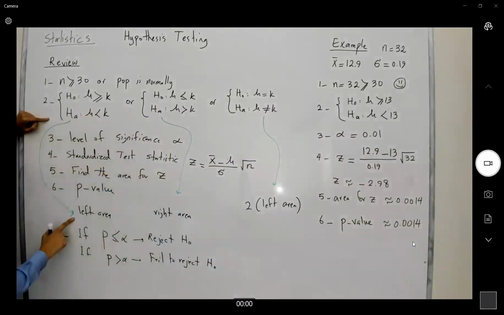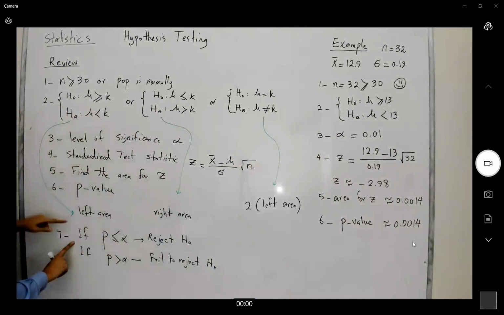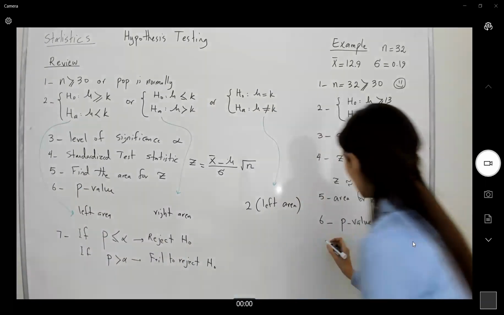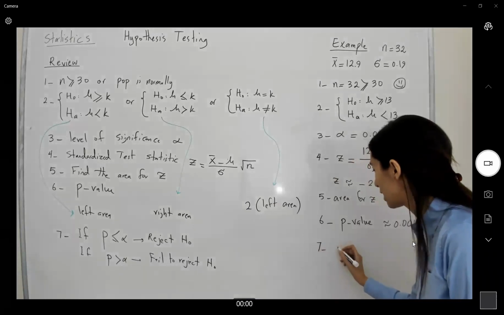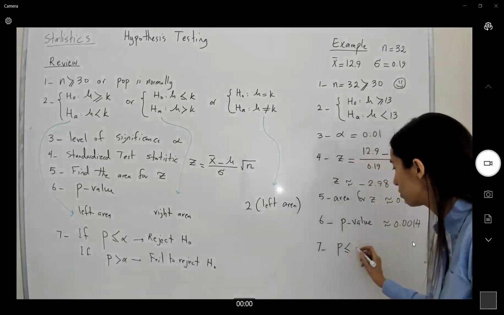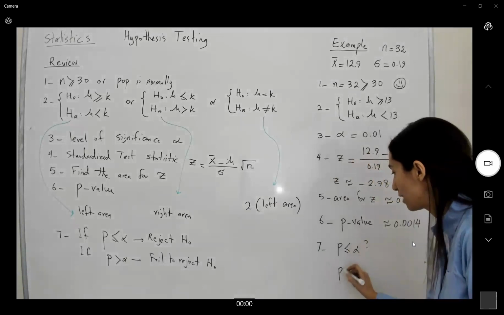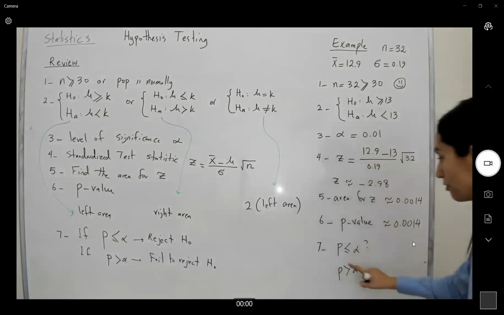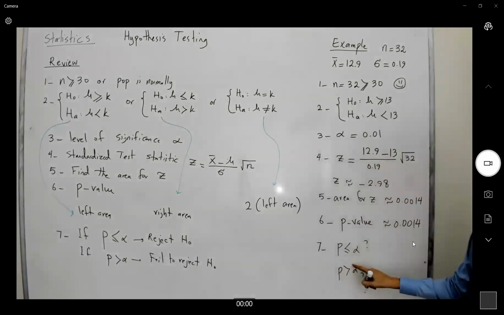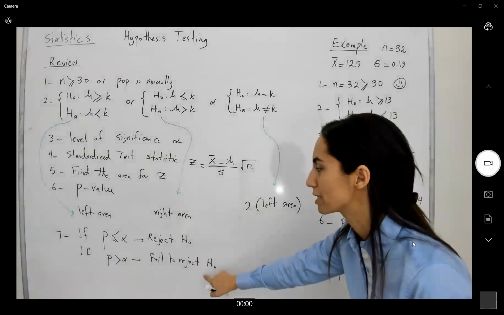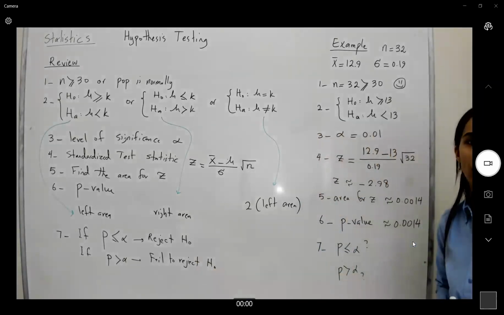So p-value is equal to the area to the left, and we found the area to the left, which is 0.0014. Next step, you have to check these two cases. Is p-value less than or equal to alpha? Is p-value greater than alpha? If p is less than or equal to alpha, we reject the null hypothesis. Otherwise, we fail to reject the null hypothesis.